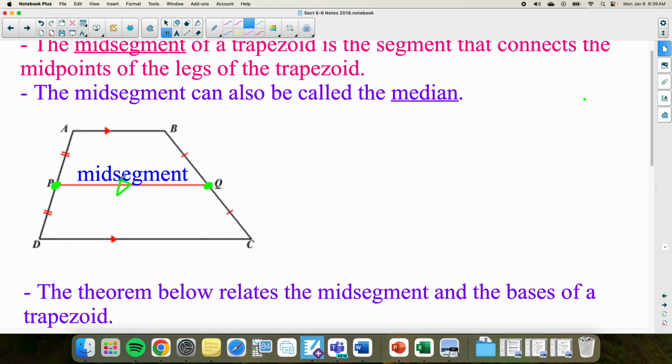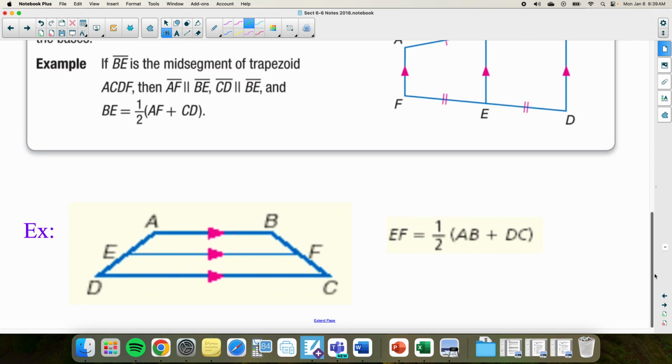I think it's more common to call it a mid-segment like ours does. And there's something that is true about this, and here is the formula right here. If you go 1/2 times whatever this length is plus this length added together, you would get the length of that.